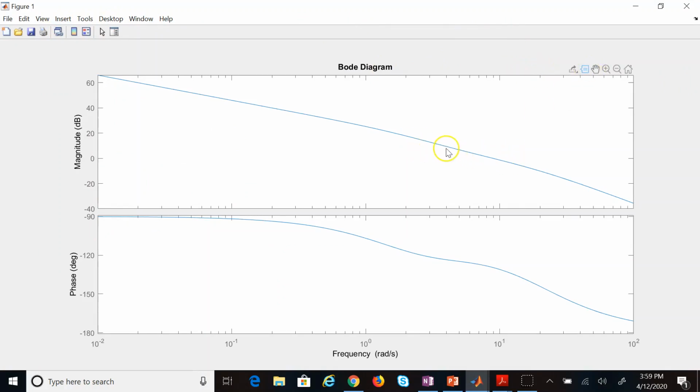So first, where is it that the gain becomes 0? I find the new gain crossover frequency, which is somewhere here. You can see it's almost 9 radians per second, which is what we wanted. Now at that frequency, I want to look at the phase of the system.